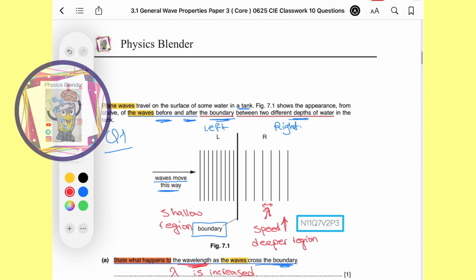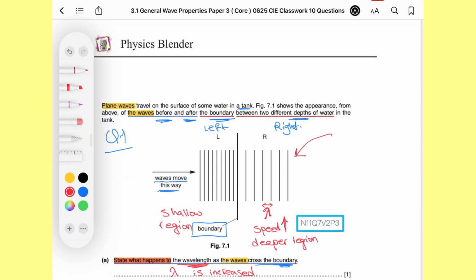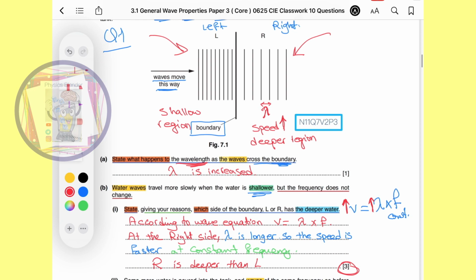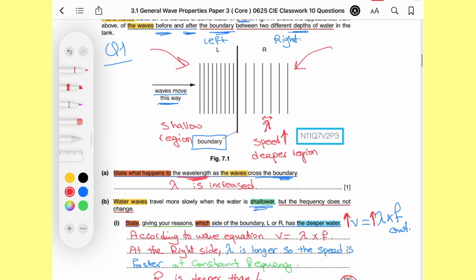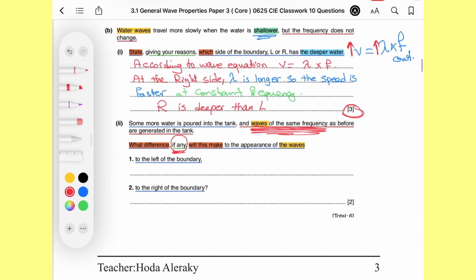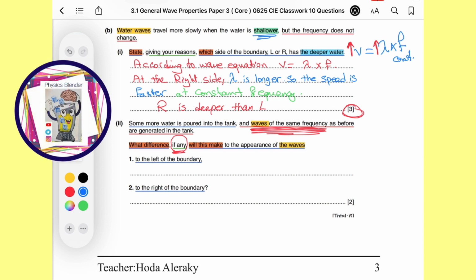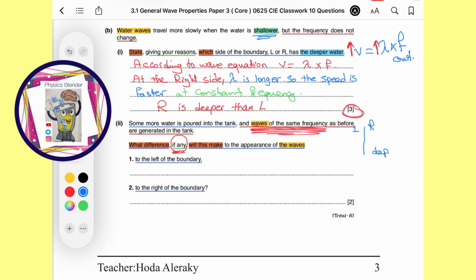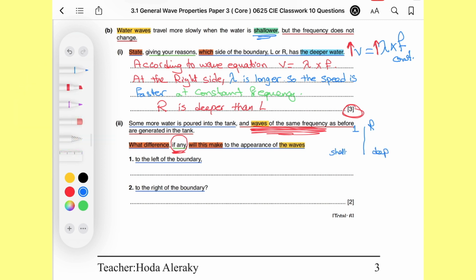So if we add more water here, what happens? The deep one becomes deeper than before, and the shallow one becomes deep. So I will write it here. We have here right and left. This one is deep, this one is shallow.